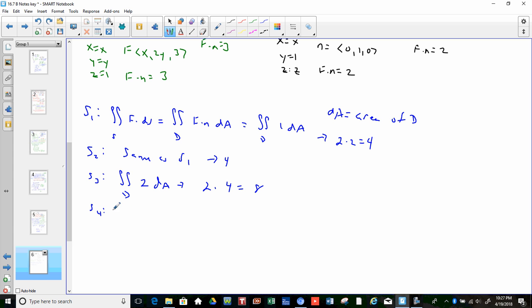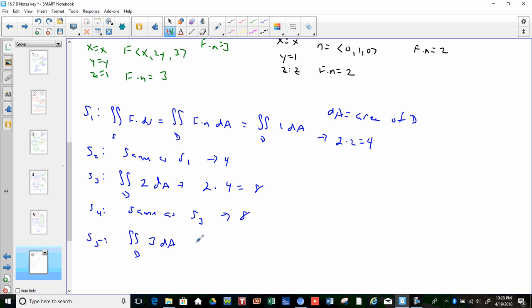S4, same as S3. It's just on the other side. So we're also going to get 8. S5, if you recall, I'm not going to move it back up. It was the double integral, but we got 3 for our f dot n. And again, the top and the bottom have exactly the same dA.